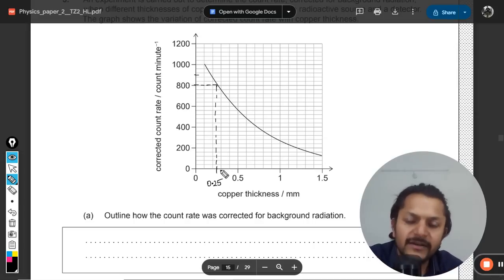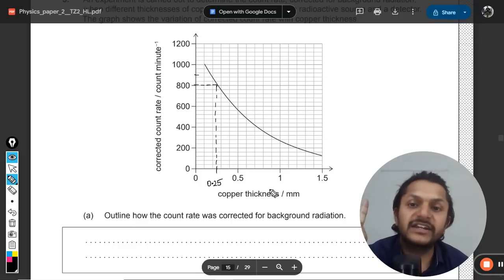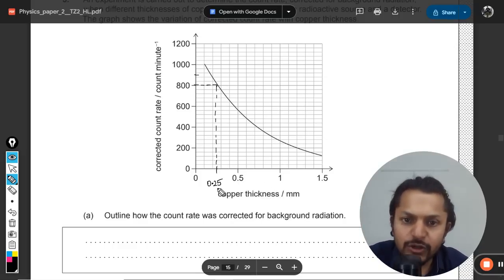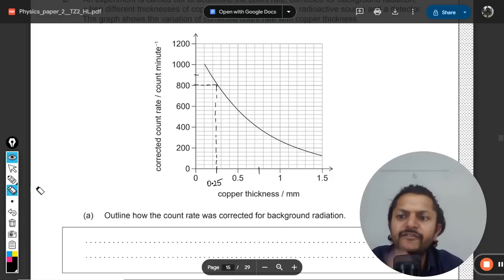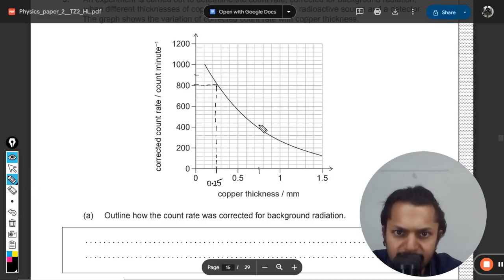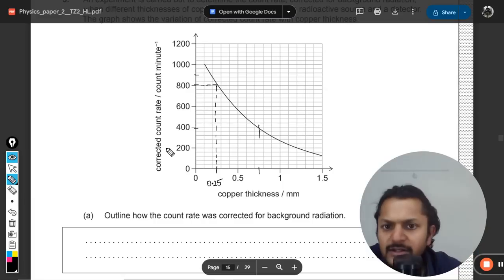Now it says that the thickness is three times, and tell me the count rate. So it is 0.25, 0.5, this is 0.75. So here we will find the count rate, and the count rate is coming out to be kind of midpoint there.